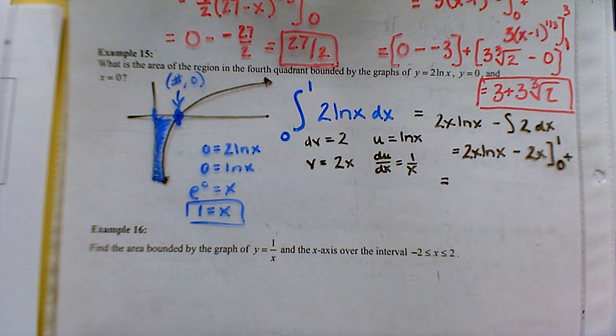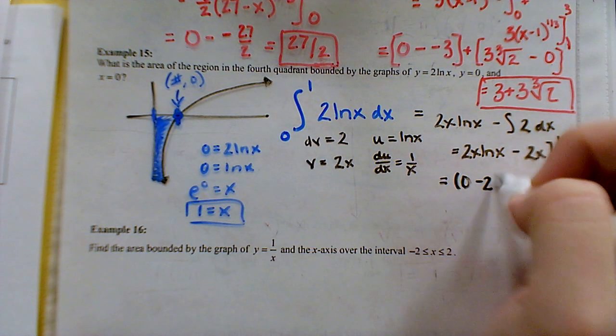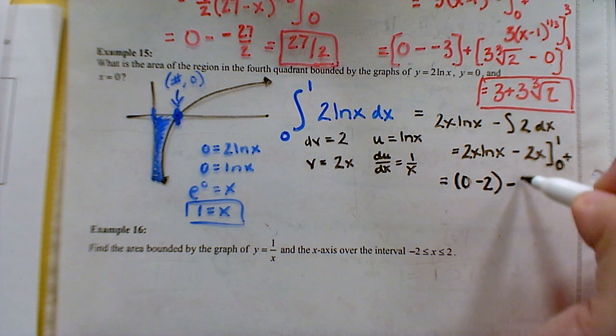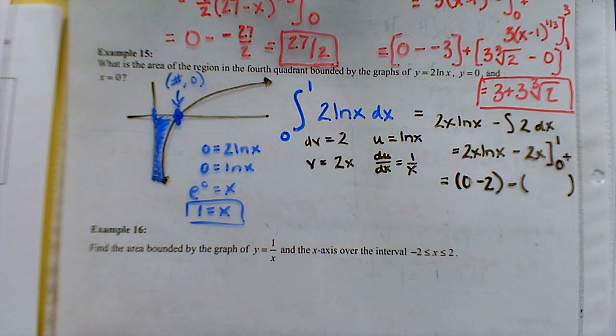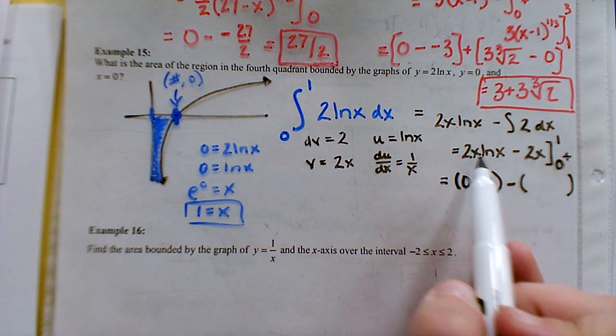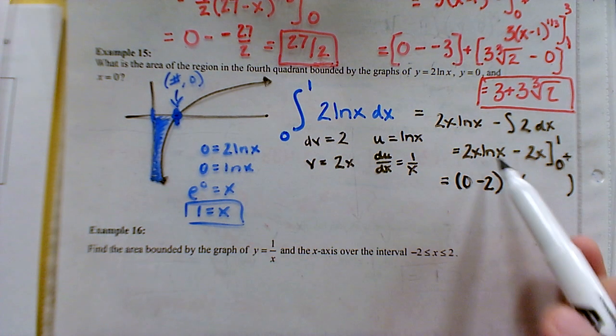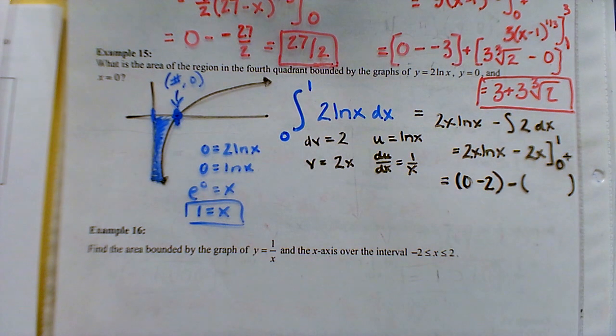So we'll have 2 times the natural log of 1, but what's the natural log of 1? 0. Good, okay. And then we'll have minus 2. So now we have to think about if we were to plug in a number really, really close to 0 for all those x's, what would we get out? So 2 times something really close to 0 is practically 0, and the natural log of something really close to 0.